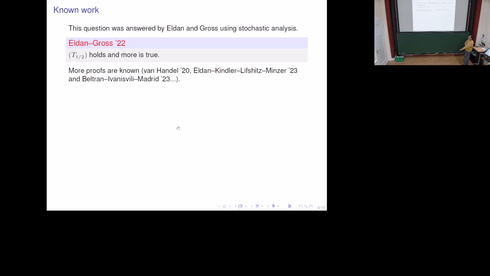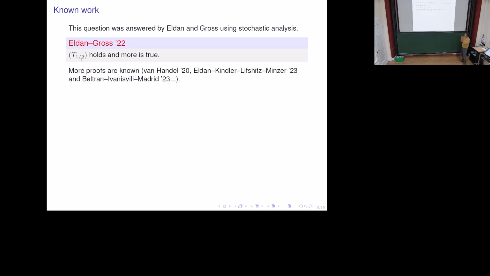If you look at the paper, they emphasize that this is a proof that bypasses the use of hypercontractivity. So this is the result, but actually it proves something more, but I will focus on this very specific result by Eldan and Gross, namely this inequality when alpha is 1/2.